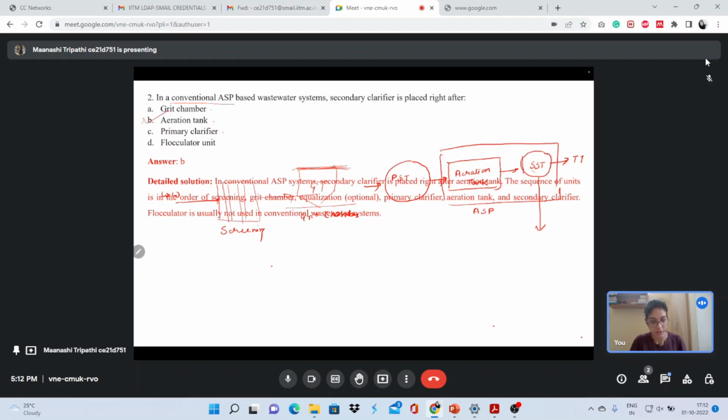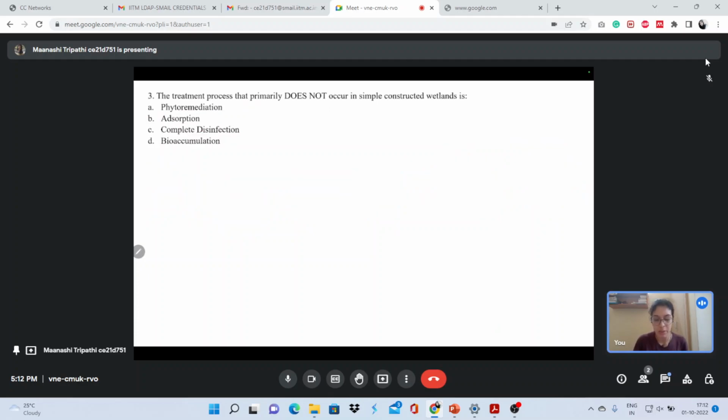Moving towards next question. The treatment process that primarily does not occur in simple constructed wetland is. See, this phrase is important: does not occur. Okay. What is constructed wetland? In constructed wetland, we will use plants or any absorbent material that will suck the pollutant out of the water body. Mostly the water body is static, or it can be moving with low flow.